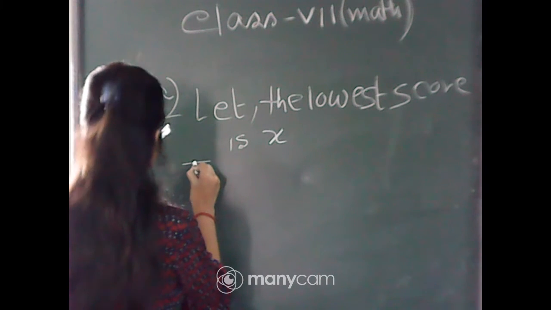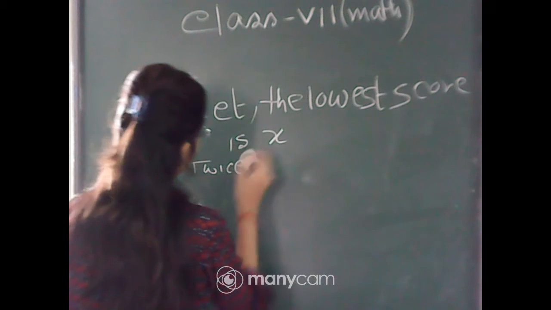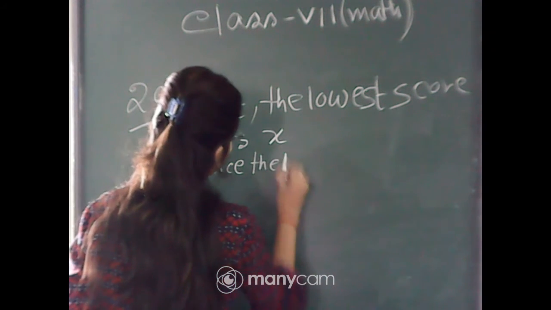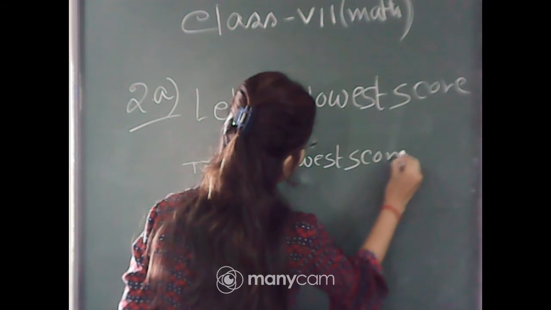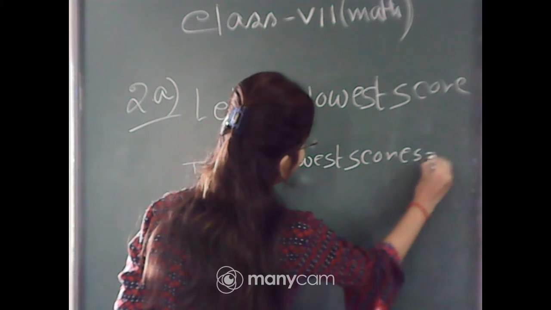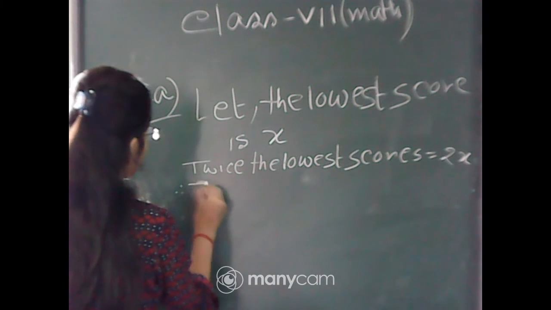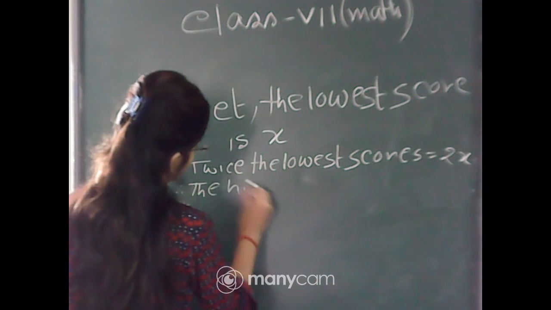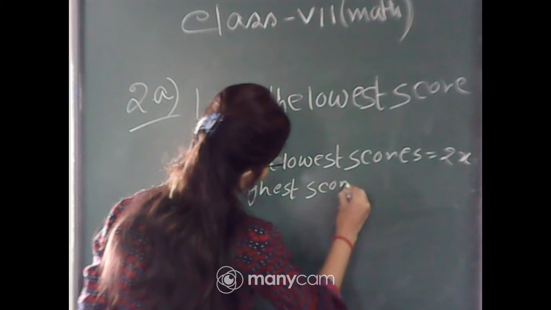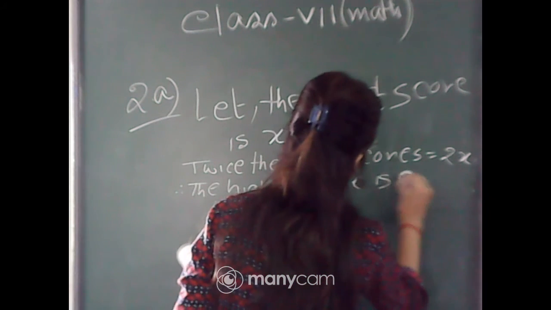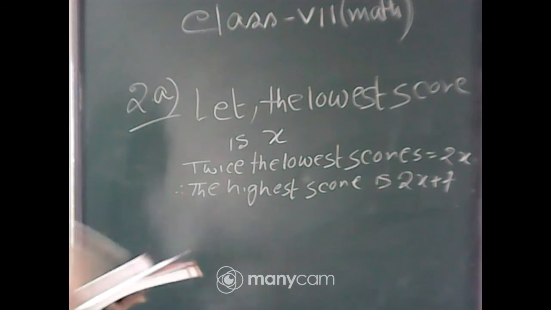Twice the lowest score is equal to 2x. Therefore, by given condition, the highest score is 2x plus 7. Also, it is given that the highest score is 87.